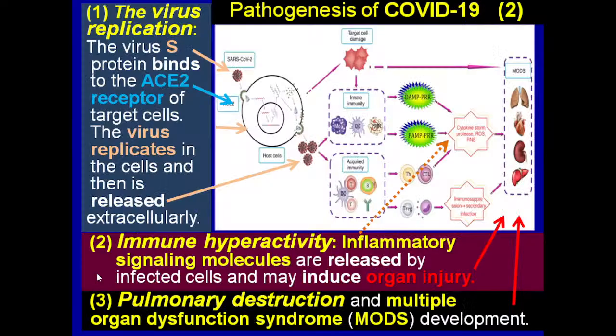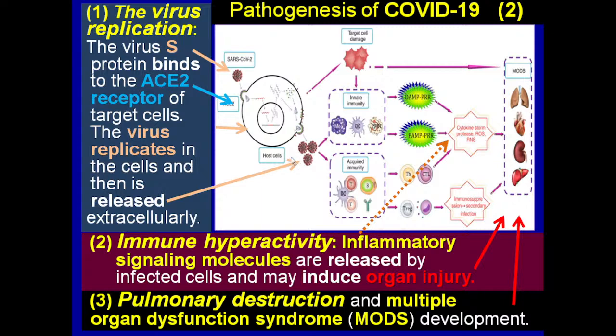So now, the virion replication. The virus binds with the ACE2 receptor. This is a virus, right? So the virus binds with the ACE2 protein of the target cells, and the virus replicates in the cells, and then it is released extracellularly, as newly synthesized virus particles.